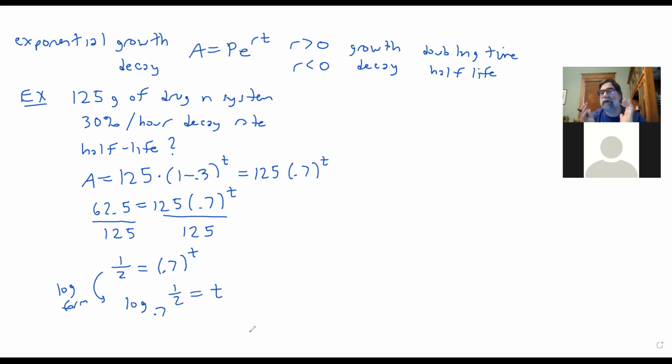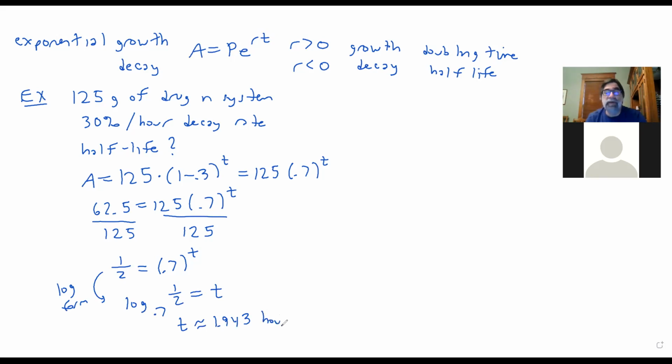So that's how long it'll take for half the original amount to disappear. So let me get you the quick calculation here. Logarithm base 0.7 of 1/2 is 1.94. And 1.943, we're measuring it in hours.